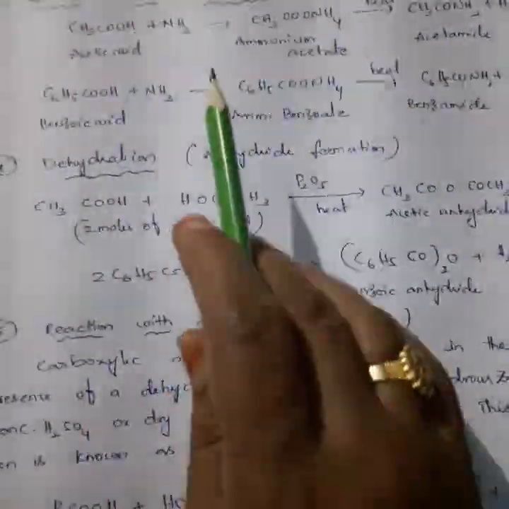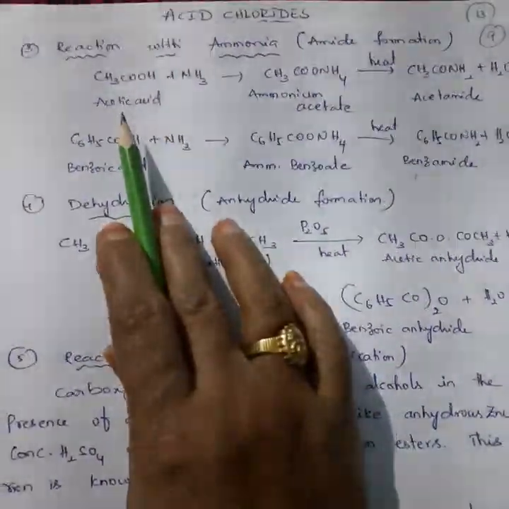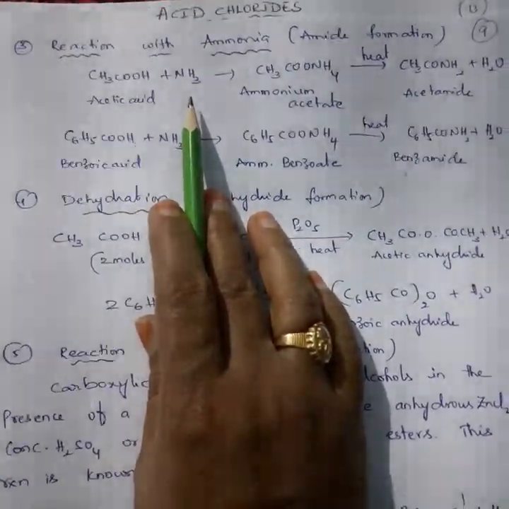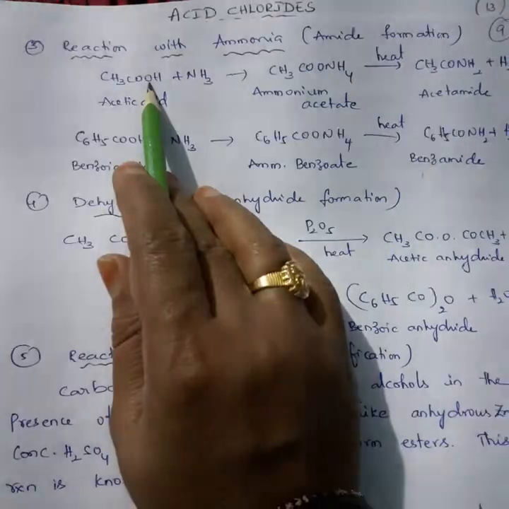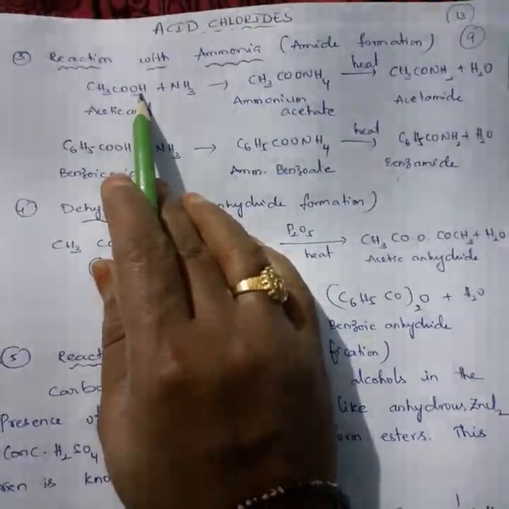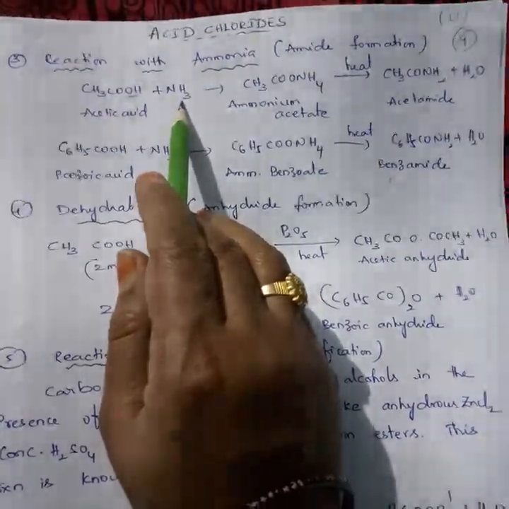And next one we will see, the reaction with ammonia. Now take acetic acid reacting with ammonia. What happened here? The OH part is removed and that is replaced with NH2.